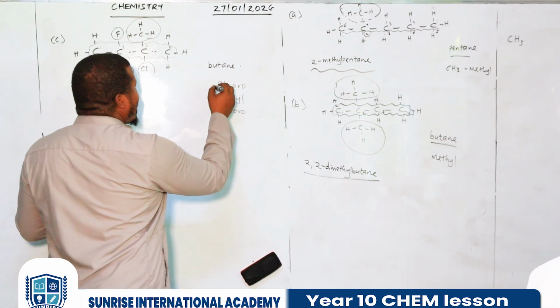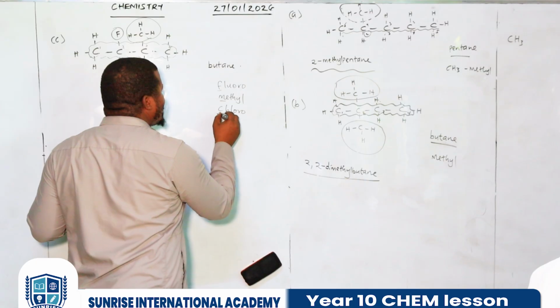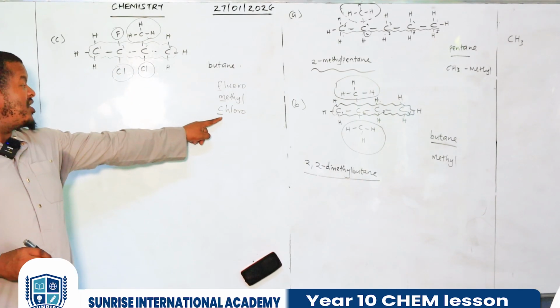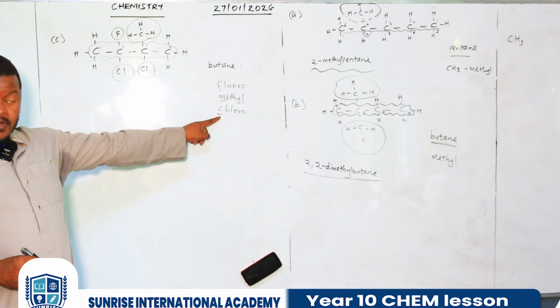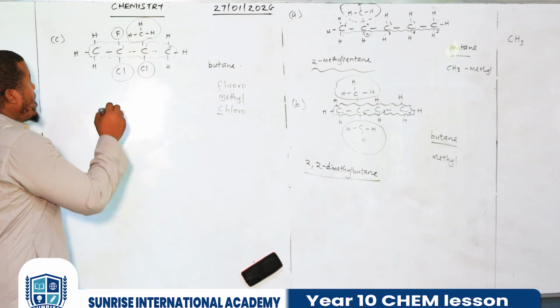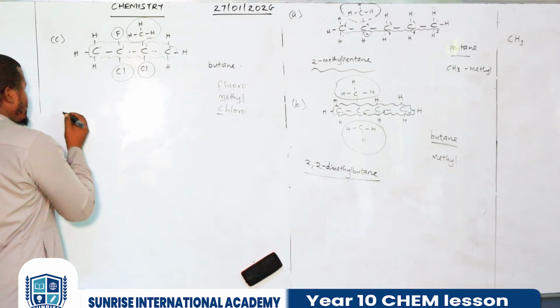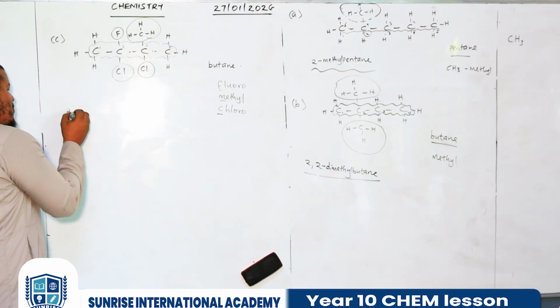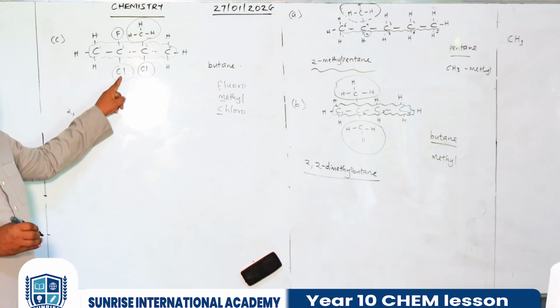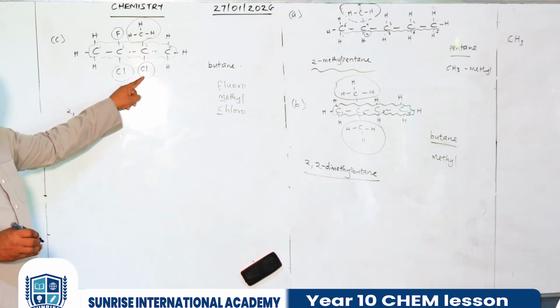Let's look at F, M, and C. The first side chain we are going to write down is chloro, because C comes before F and M. At carbon number 2, there's a chlorine. At carbon number 3, there's another chlorine.